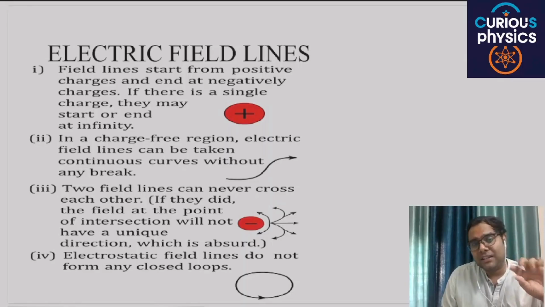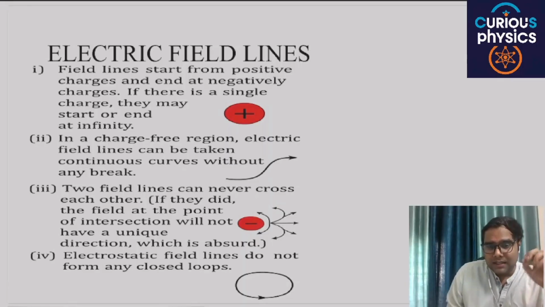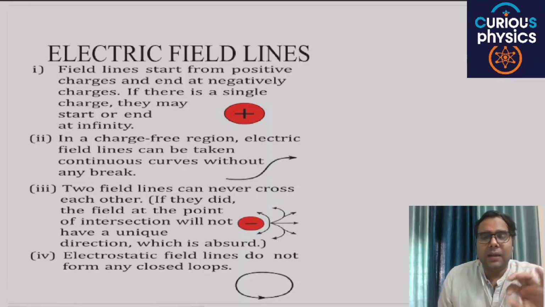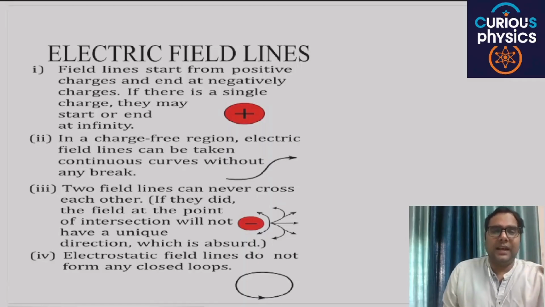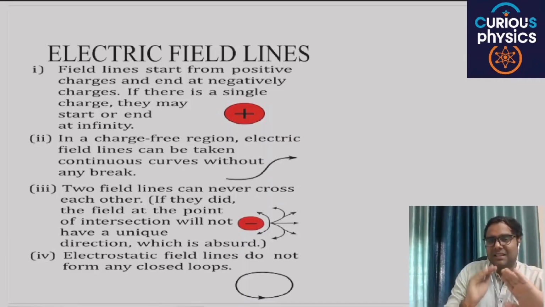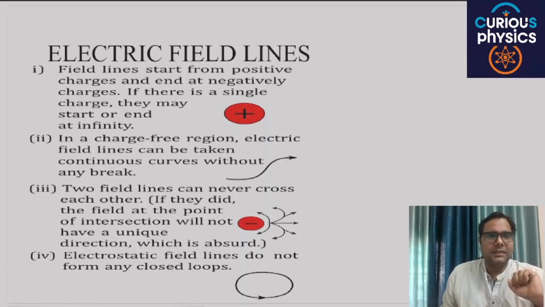These are imaginary lines, basically man-made constructs to understand the concept of electric field. Electric field lines are purely a theory portion. The main thing is the understanding, the conceptual clarity.